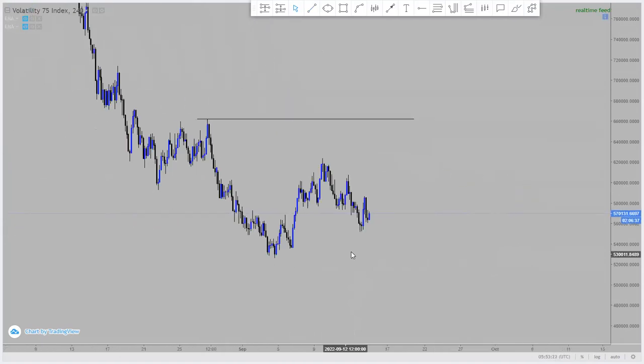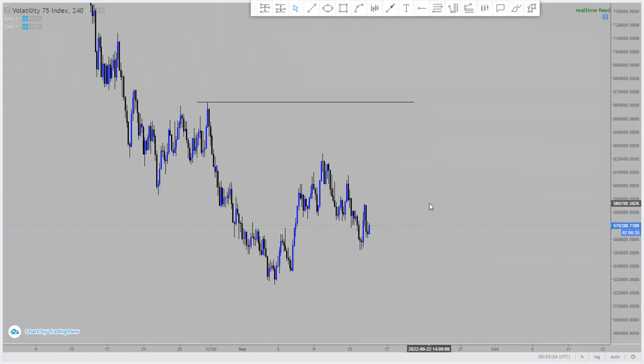As you can see, like so. Here I can choose to combine both the institutional and the retail trading strategies. I can even use my retail trend lines.